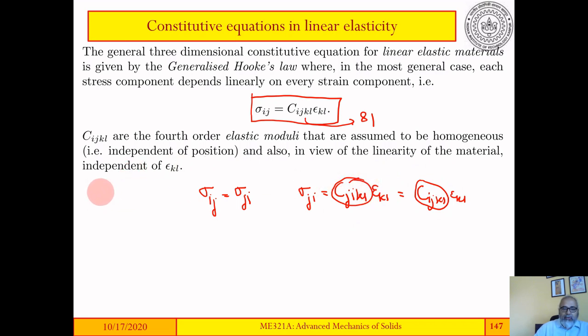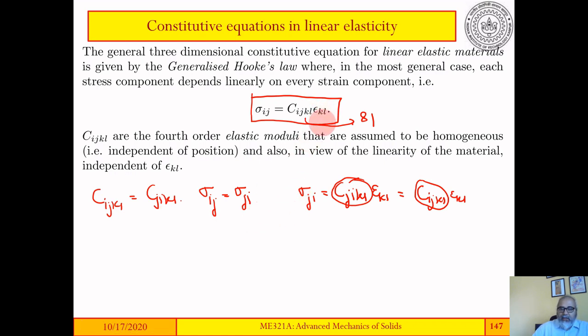So I must have C_ijkl equal to C_jikl out of these 81. So because of the symmetry of the stress tensor, some of these 81 constants would not be independent. If I specify one set, the other set would also get specified.